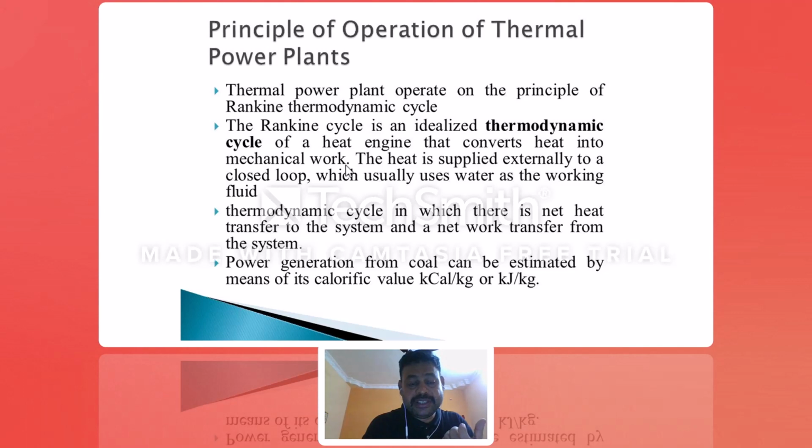The kinetic energy of the steam gives the mechanical work, that is rotating the turbine. The heat is supplied externally to a closed loop, which usually uses water as the working fluid. It is a thermodynamic cycle in which there is a net heat transfer to the system and net work transfer from the system.